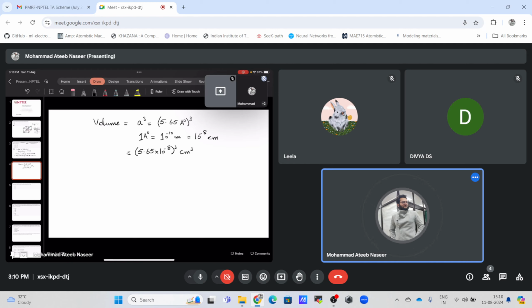Let's calculate the value. It is simply 5.65 times 5.65 times 5.65, which is approximately 180.36, times 10 to the power of minus 24. So this is the volume.